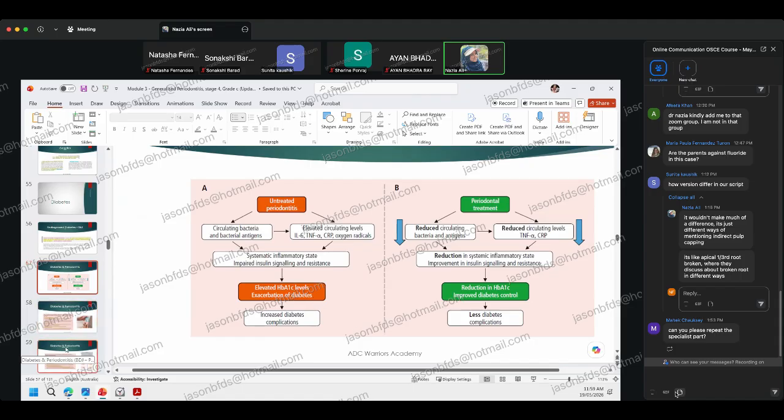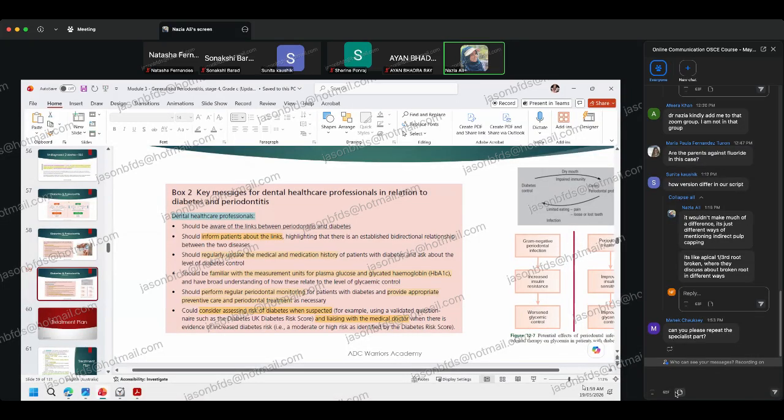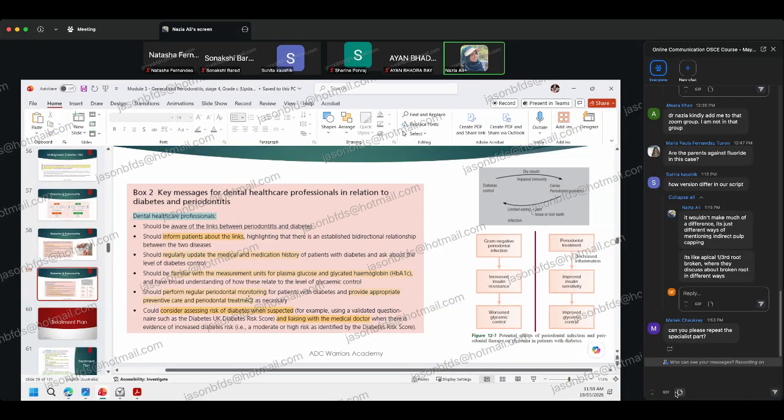Or it is possible that the patient had diabetes, wasn't aware of it, and then diabetes impacted the gums by reducing immunity and all those problems. So we don't know whether gum disease triggered diabetes or diabetes triggered the gum disease, but these two are 100% connected. That's what they're interested in.